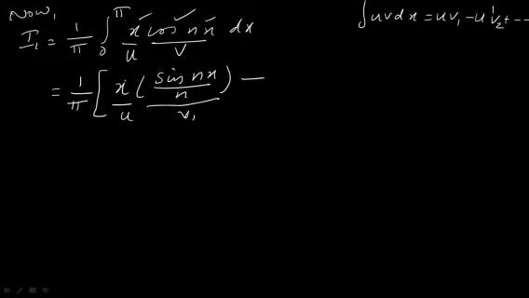Now this is your u and this is your v1, isn't it? Now you are going to differentiate this x, that is u dash. Your next term is u dash v2, that is differentiating the first term and integrating the second term. Okay, that gives you u dash v2, right? So differentiating x, you get 1, and integrating v1, you have 1 by n as a constant, take it as it is.